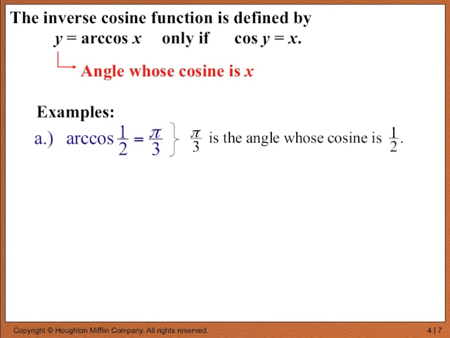That just means the angle whose cosine is 1/2 is pi over 3. Refer again to your unit circle, and sure enough, you will see that for the x-coordinate of 1/2, that angle is pi over 3.